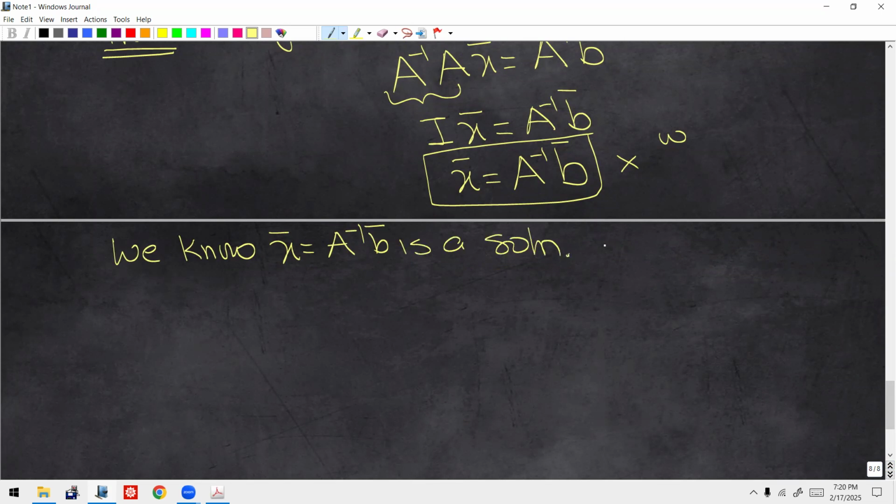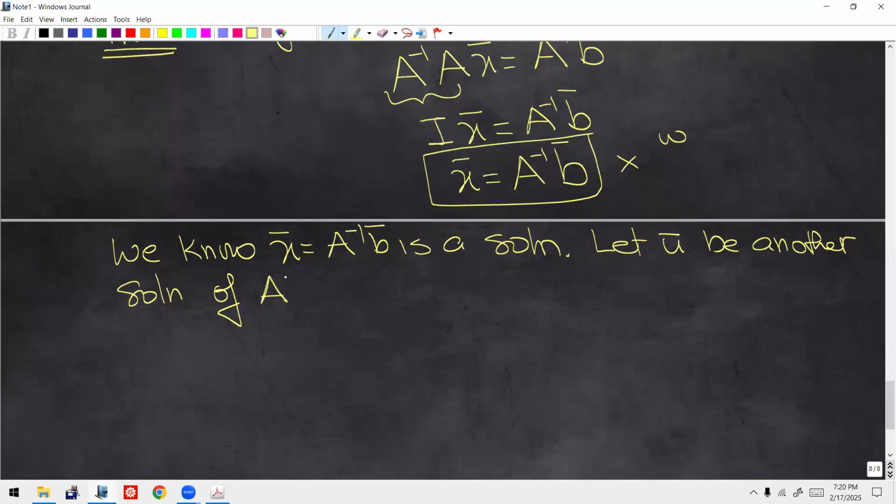So now we're going to pick another solution. Let U be another solution of Ax is equal to B. So what does that mean?